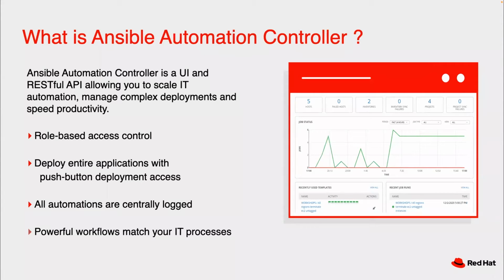All right, so what is the Ansible automation controller? Basically, it's the GUI version of Ansible or Ansible Navigator, which is the utility we were using last time, if you remember. It allows Ansible to be used in an organization where there's more than one person running the same playbooks.